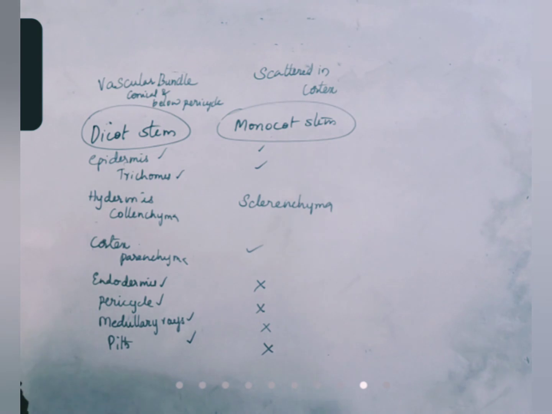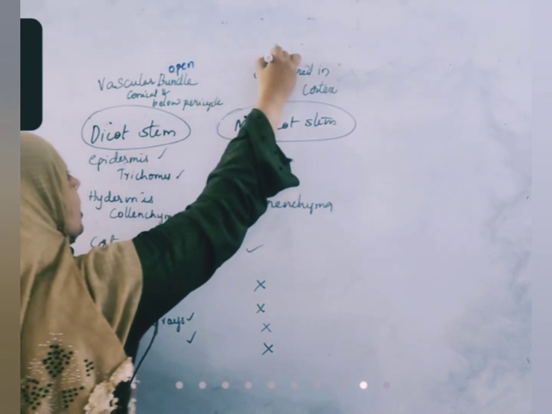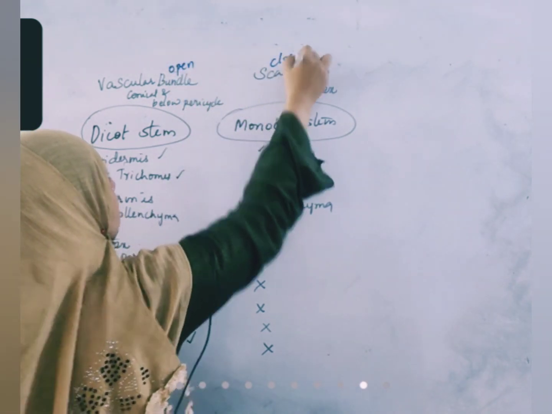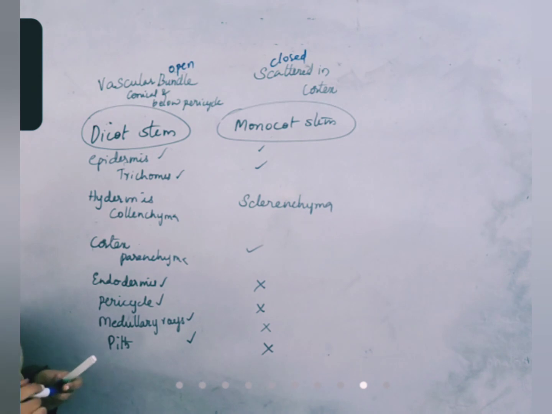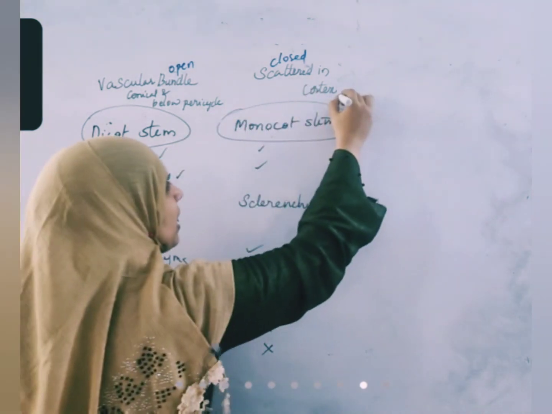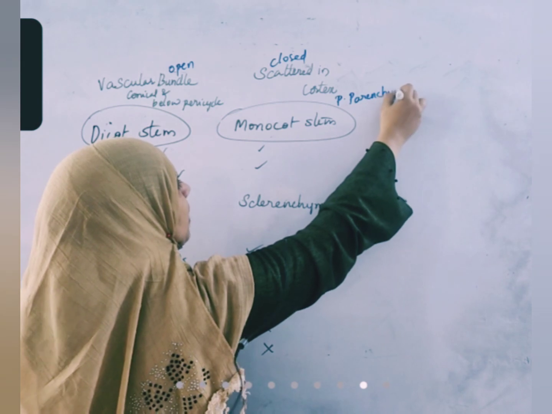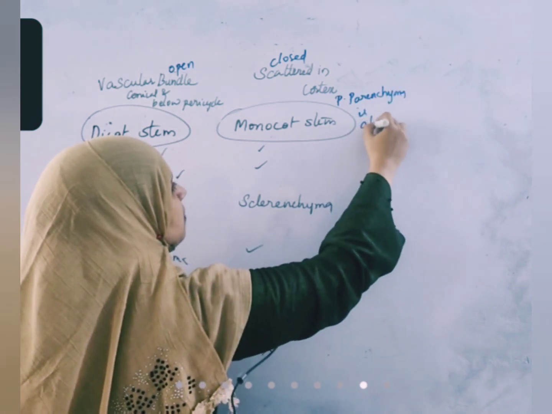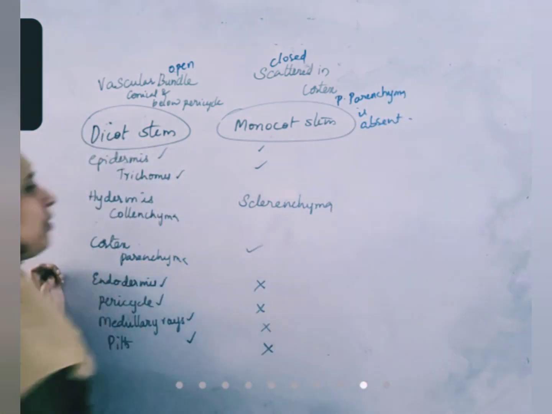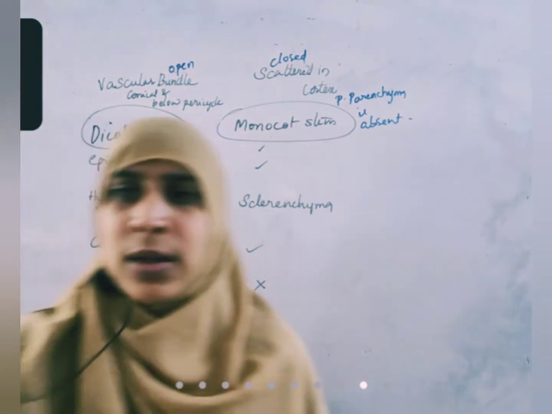And one more difference in the vascular bundle is here it is open type, here it is closed type. Here phloem parenchyma is absent. So those are the differences between a dicot stem and a monocot stem. Right?